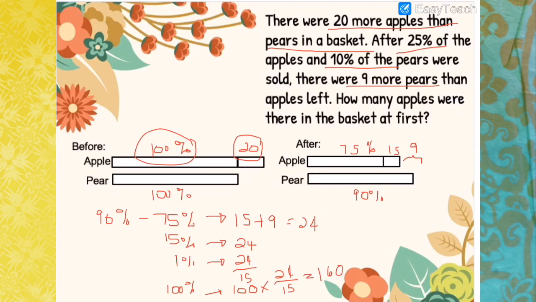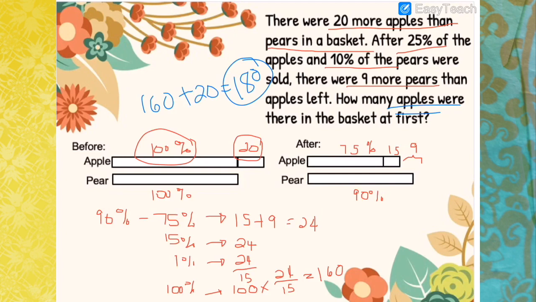Therefore, we began with 100%, which is 160 pieces, plus 20 more. There were 180 apples in the basket at first.